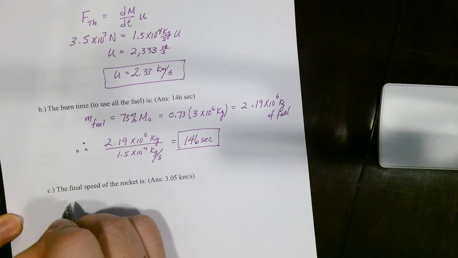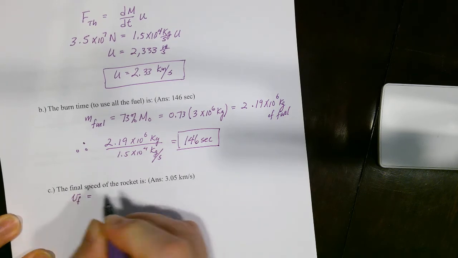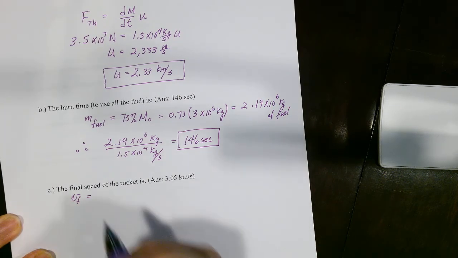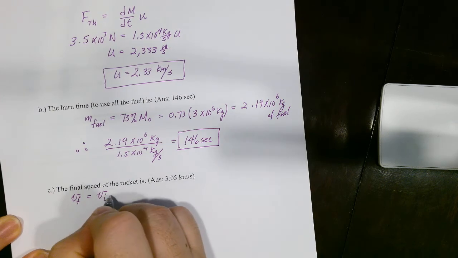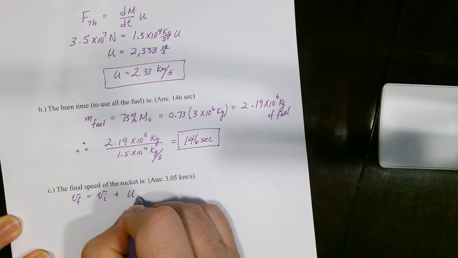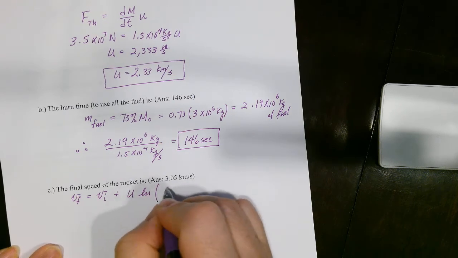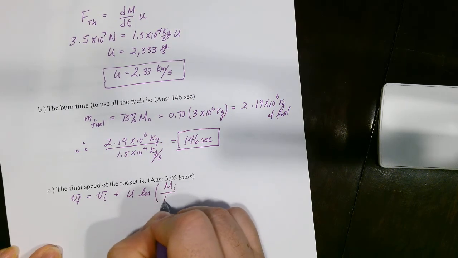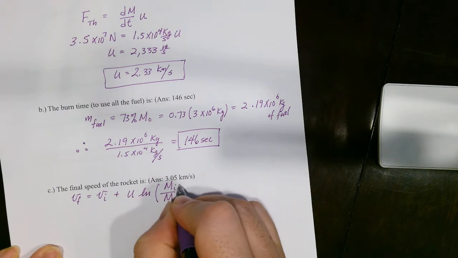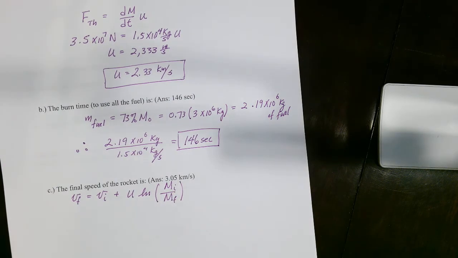All right, what's the final speed? My VF is equal to VI plus u ln of initial mass over final mass. So what is the initial mass?